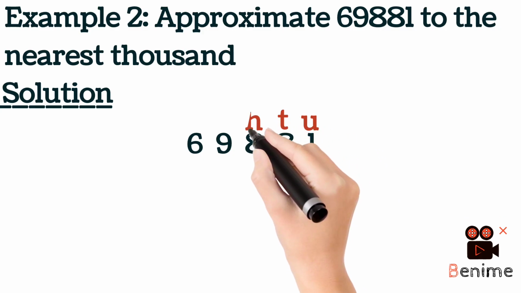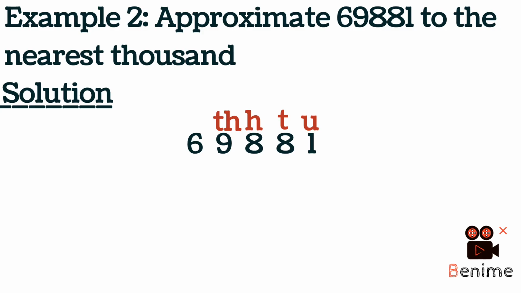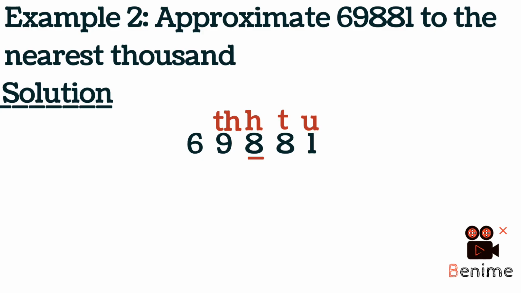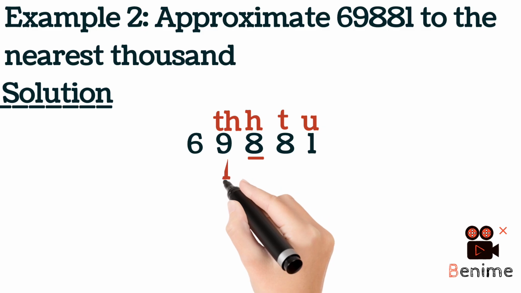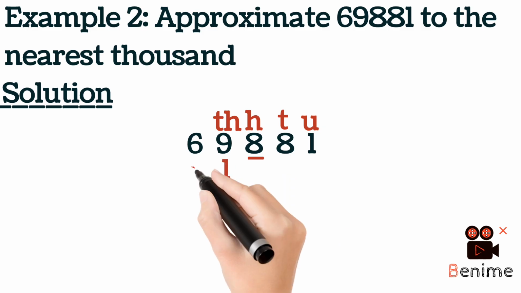The next, I'll underline 8, which is the nearest right number to my place value. Then I'll ask myself, 8, is it 0 or 1? It is 1 when approximated. So I'm going to bring 1 to my place value digits, and I will add. 9 plus 1 is going to give me 10.